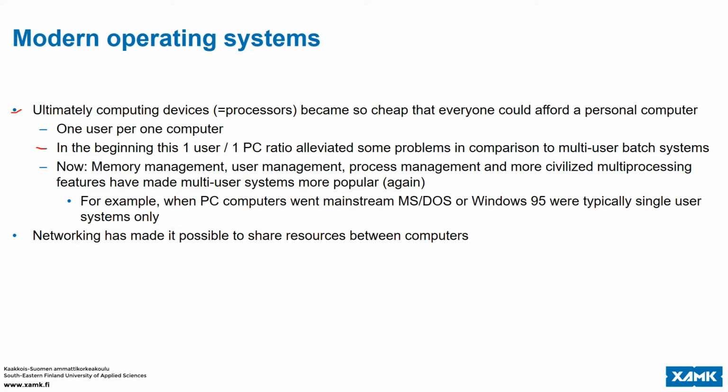This of course came with its own problems. So now we have many things such as memory management, user management, process management, more civilized multiprocessing features, and so on and so on. And the fact that we have also networking, so every single computing device is connected to the internet, means it's possible to share resources, unlike in the previous decades.